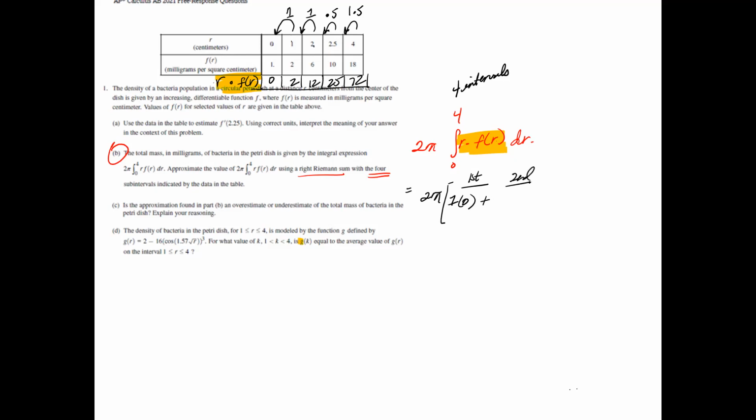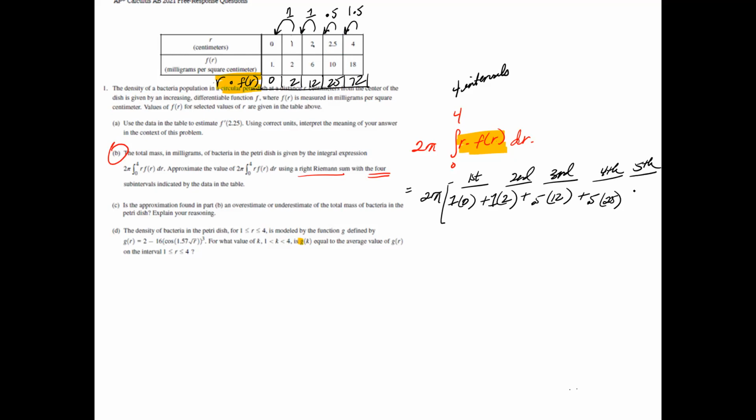Plus, second interval, r f of r is 2, times the distance between 2 and 1, which is also 1. Plus, here's a third one, which is 12, and the distance here is going to be 0.5. And then the fourth one, which is 25, or excuse me, the distance right there is 0.5.